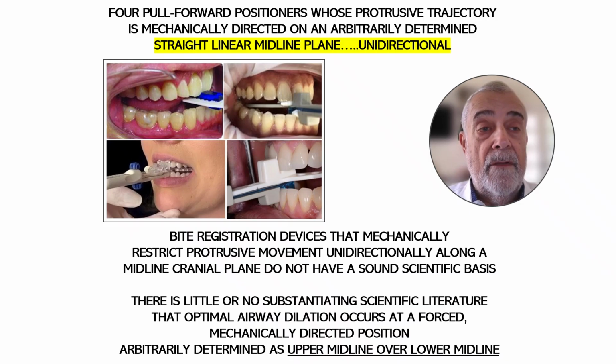There is little or no substantiating scientific literature that optimal airway dilation occurs at a forced, mechanically directed position, arbitrarily determined as upper midline over lower midline.